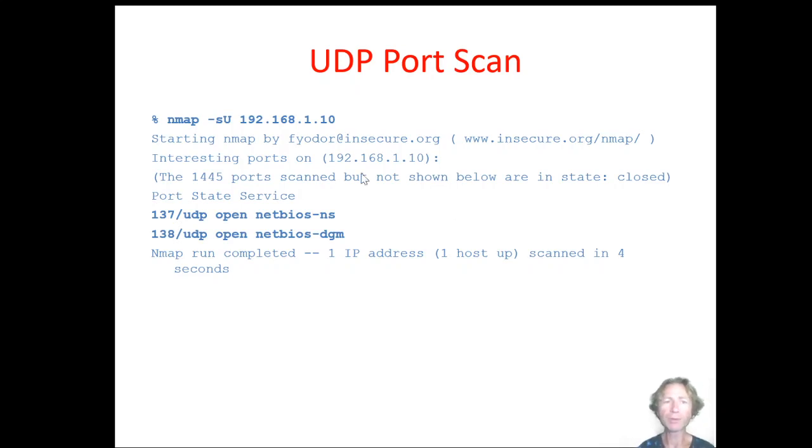It allows you to do a UDP scan with -sU, and then you're scanning this host here. You can see that it starts Nmap, the network mapper, to find out which ports are open. Here you see the UDP ports that are open, and it's NetBIOS ports in this particular case.